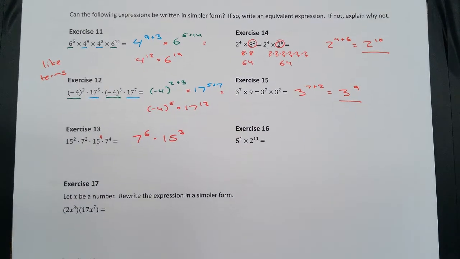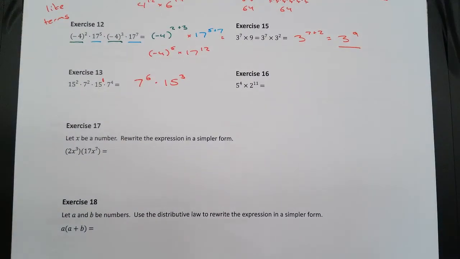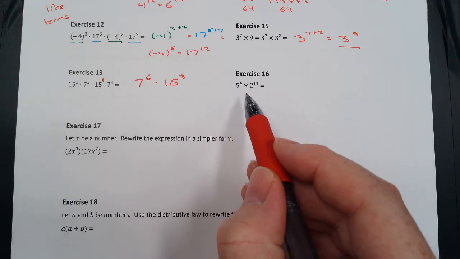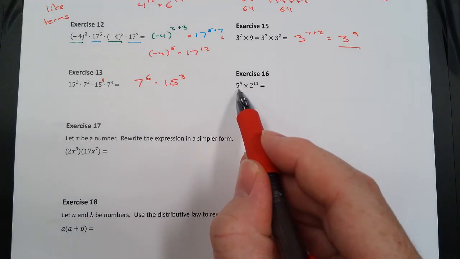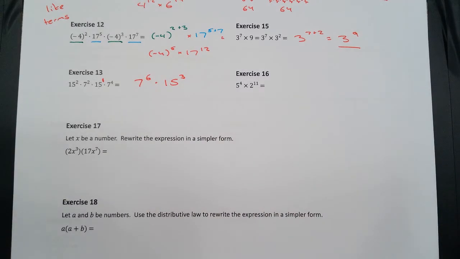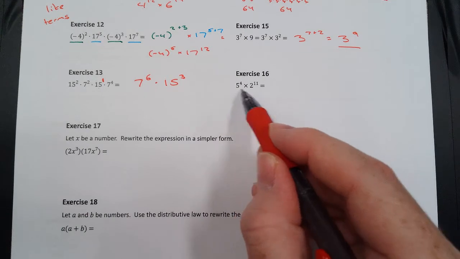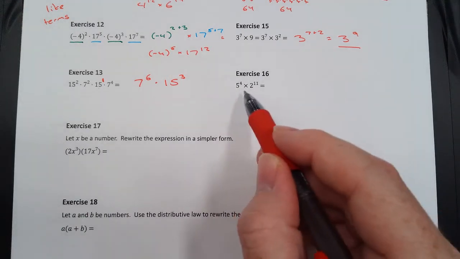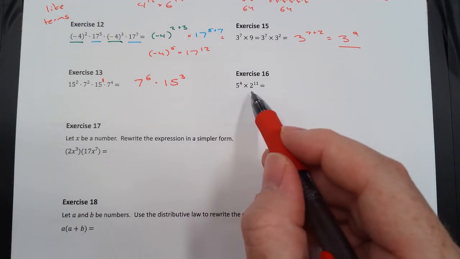So now it's asking you, exercise 16, can you simplify this? Well, can I change the bases to match? And the answer is no, you cannot change the bases to match. 5 and 2 do not share any roots, so the bases don't match.